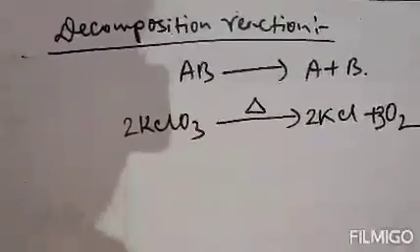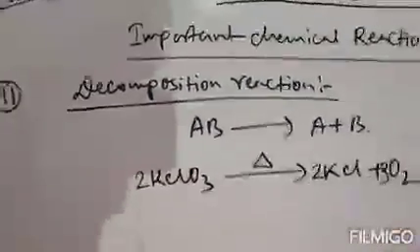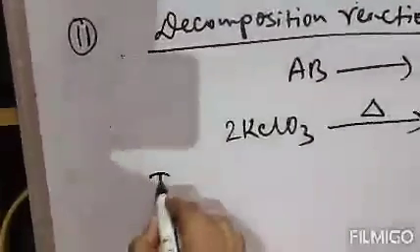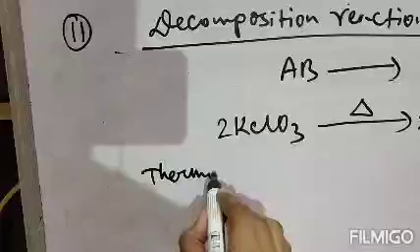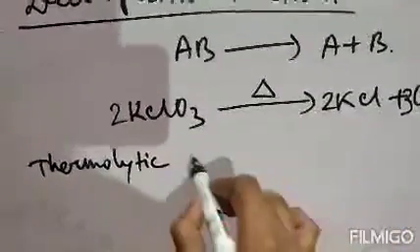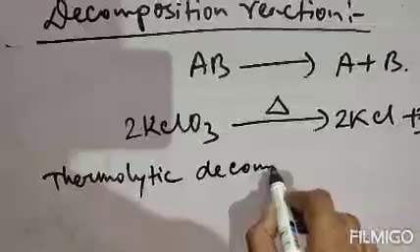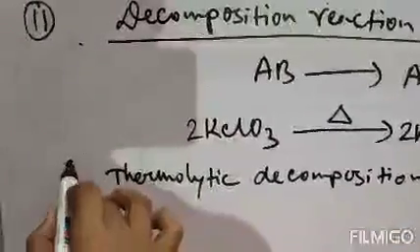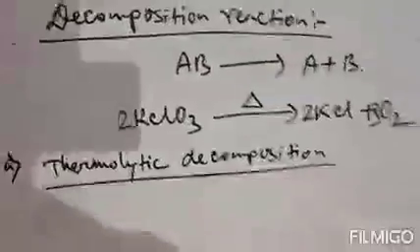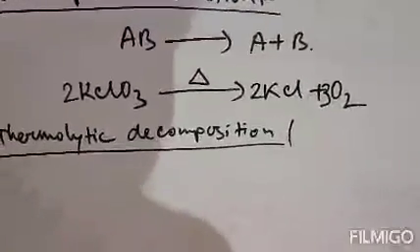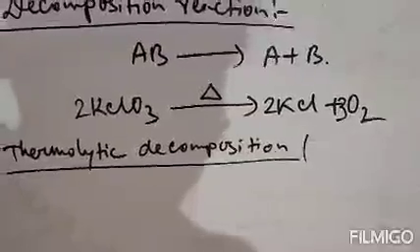Under decomposition reaction, there are three categories. Number one is thermolytic reaction, or thermolytic decomposition. This is the first category under decomposition reaction. Thermolytic decomposition means the decomposition reaction which requires heat.